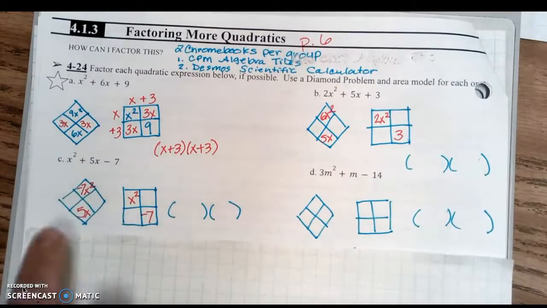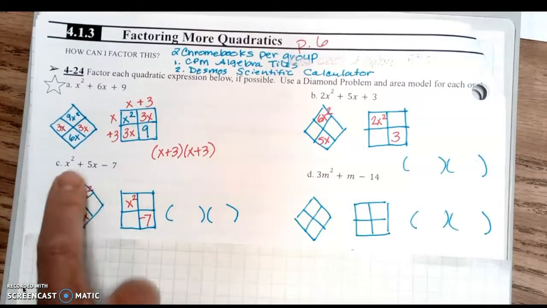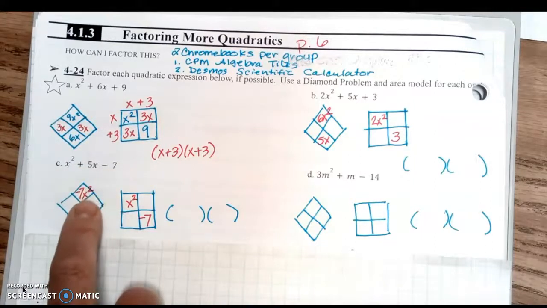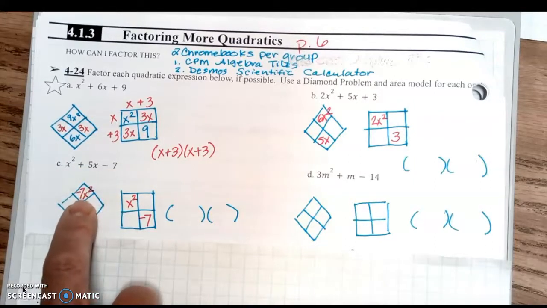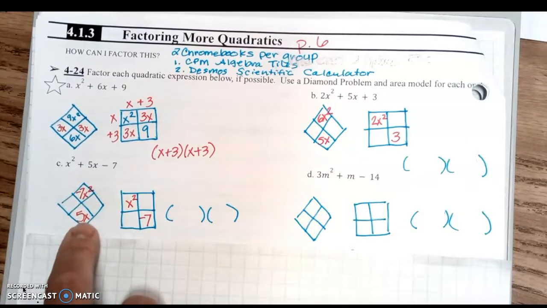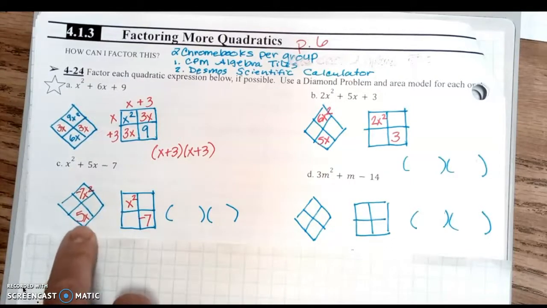Let's do one more setup for you. For part C, you're going to multiply x squared times negative 7 to fill your negative 7x squared into this box. Your middle term is 5x, so that goes in the bottom of your diamond. Then in your team, you need to figure out what multiplies to get negative 7x squared but adds to get 5x.